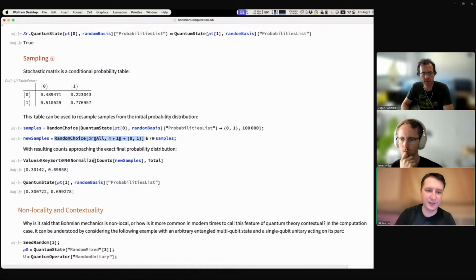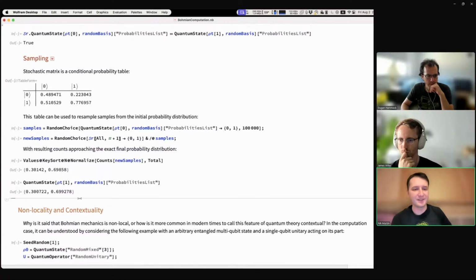If you compute the final histogram of those samples, they should follow the same distribution as if you used the usual quantum theory formulation, multiplied matrices together and applied the Born rule, right?